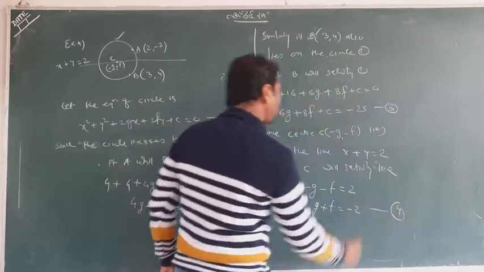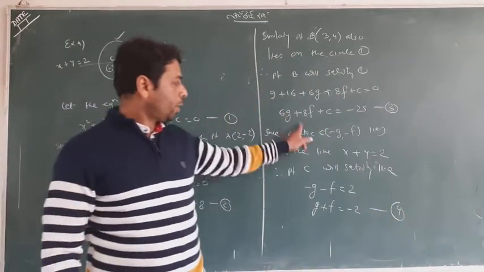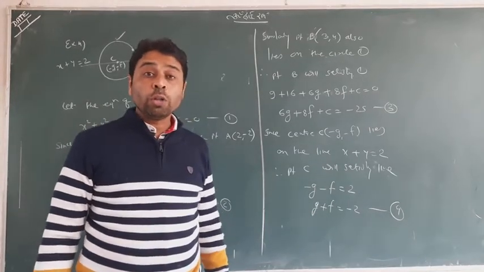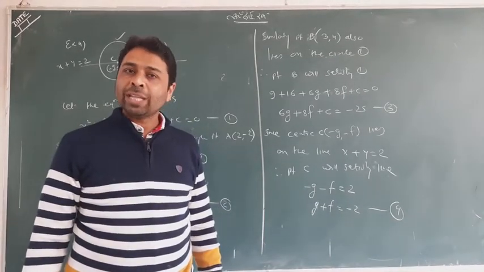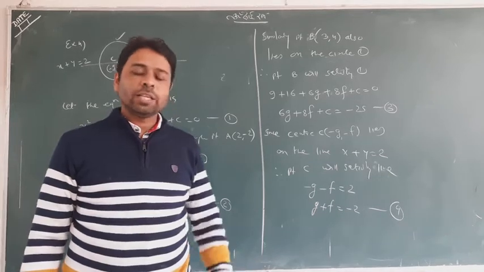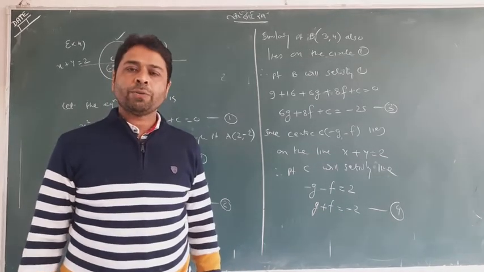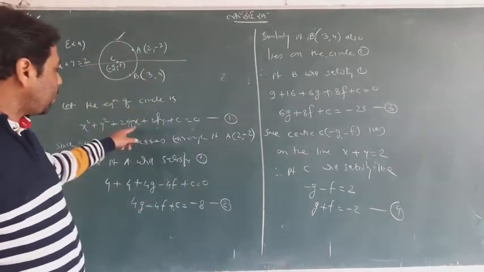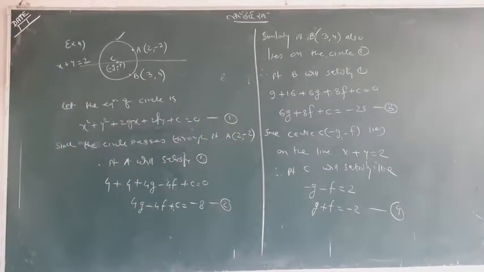So you have got equations 2, 3 and 4. Now we will solve 2, 3 and 4 because all are linear equations and we can easily find them. After finding g, f, c, we will put them in the equation and get our answer. Okay, I tell you the method.